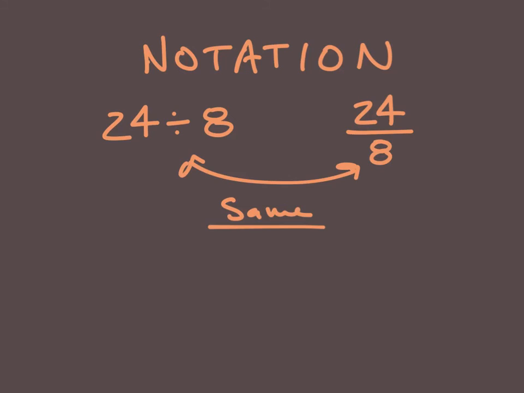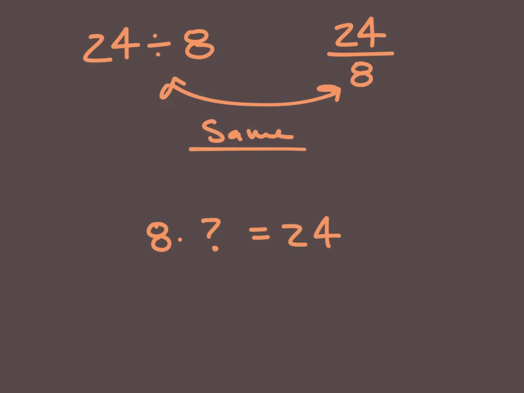Either way I write this, I have to know that. Now let's go ahead and do 24 divided by 8. I would say 8 times what number gives me 24? And that answer would be 3. So 8 times 3 gives me 24, so 24 divided by 8 is going to give me 3.